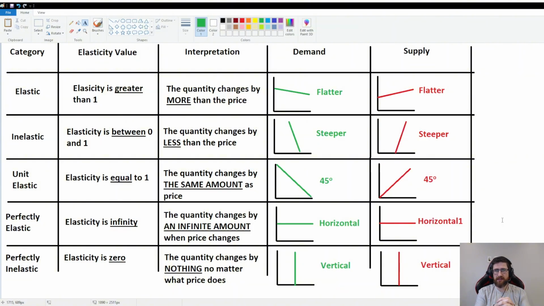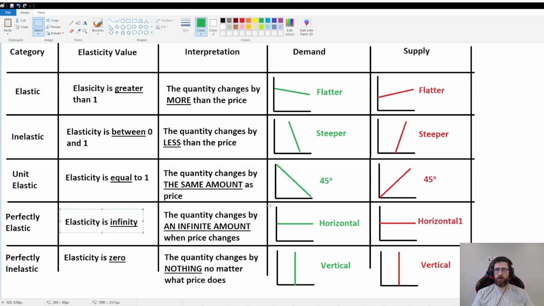A very common thing I see in courses is professors or teachers will ask you to understand these relationships. A common question I like to use is I tell you maybe this part here, and then I expect you to know, oh, that must mean it's elastic, and therefore the elasticity is greater than 1. Or I might tell you elasticity is infinity.